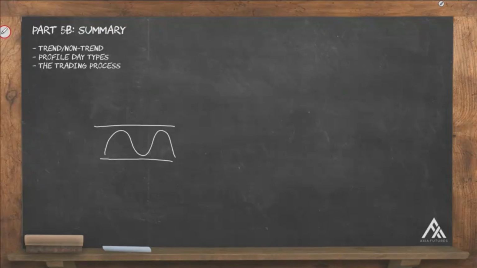However, when we are in trending markets, what we don't want to do is expect to employ the same types of strategies that we've utilized in non-trending markets. That was the key, and that's why we talk a lot about trend versus non-trend, because it's that context that will determine whether or not our strategies will be effective.